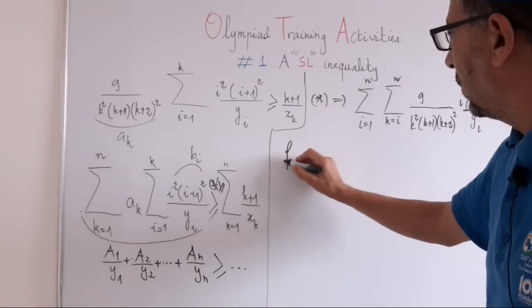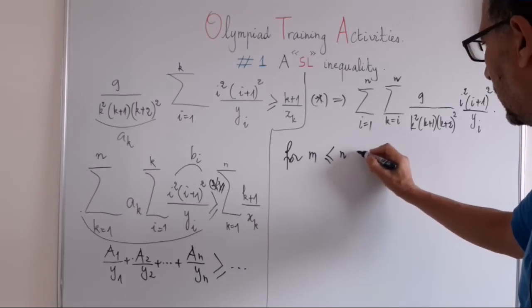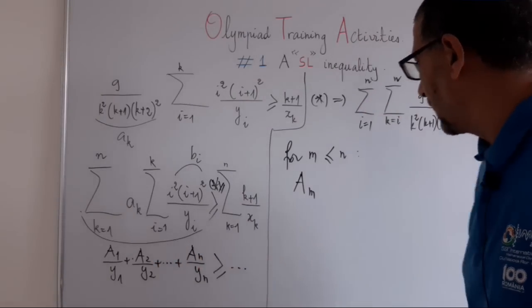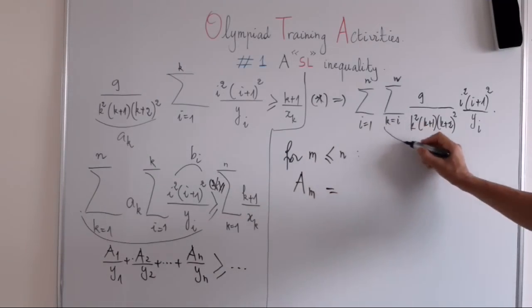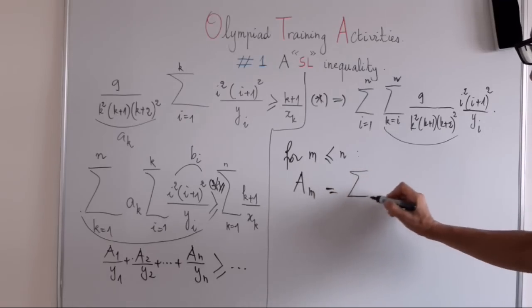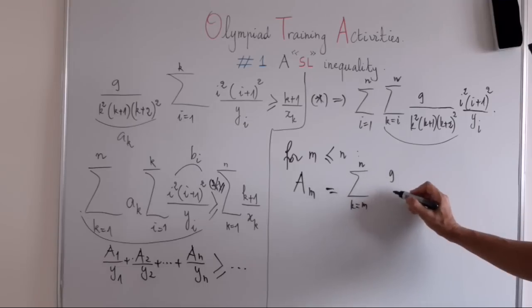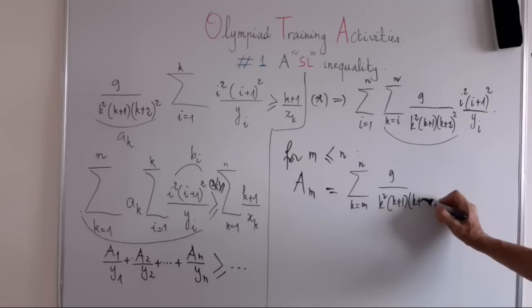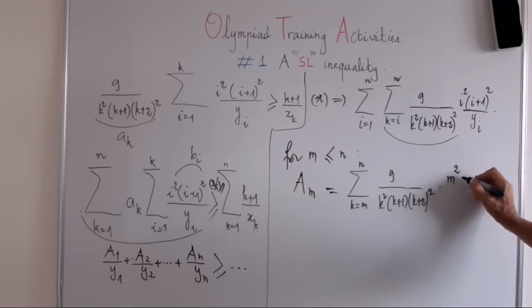So now for such m less or equal than n, one has to calculate easily the coefficient a sub m. So a sub m will be equal to the summation k from m to n of 9 over k squared times k plus 1 times k plus 2 squared times m squared times m plus 1 squared.